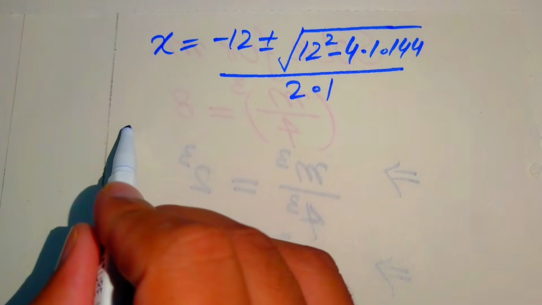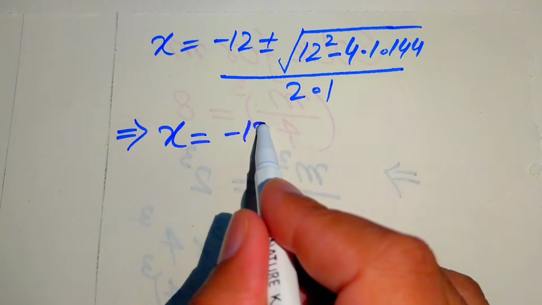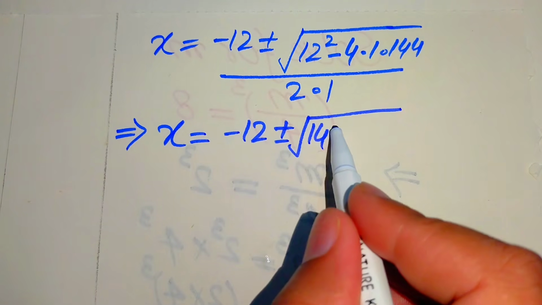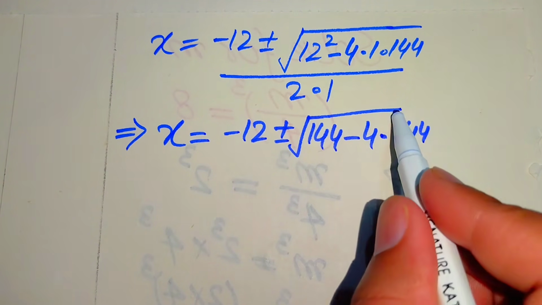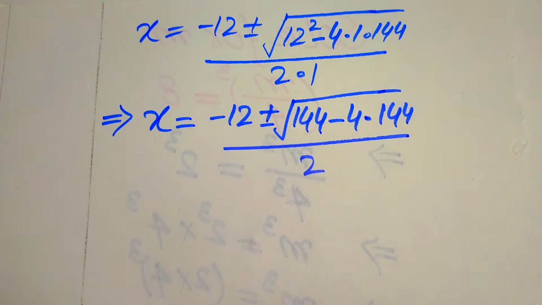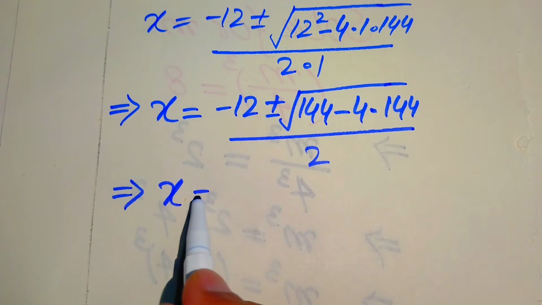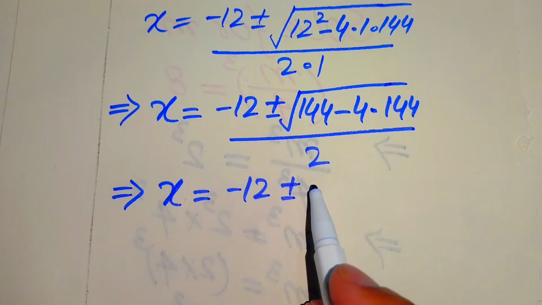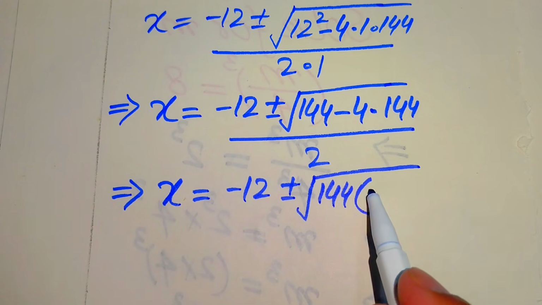In the next step we need more simplification, and it is written as x is equal to minus 12 plus or minus square root of (12 square, which is 144, minus 4 times 144), divided by 2 times 1, which equals 2. In the next step, inside the square root sign we have 144 as a common value.